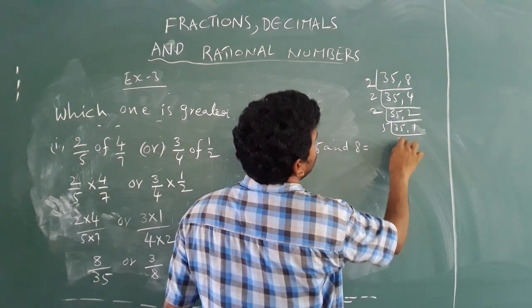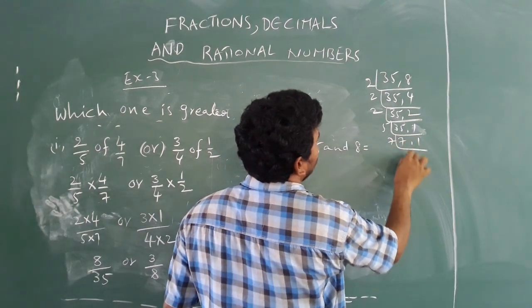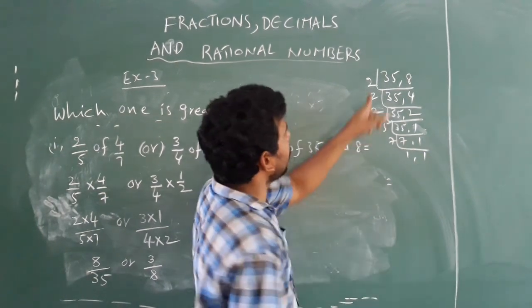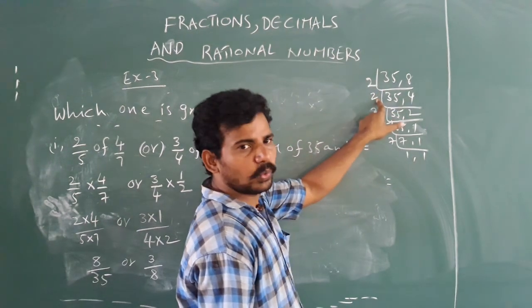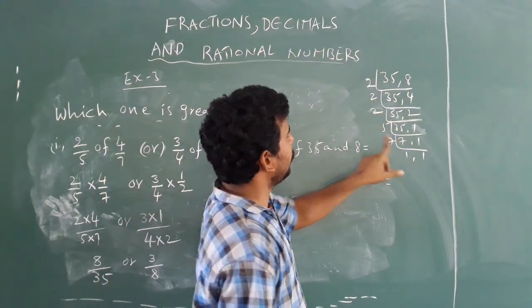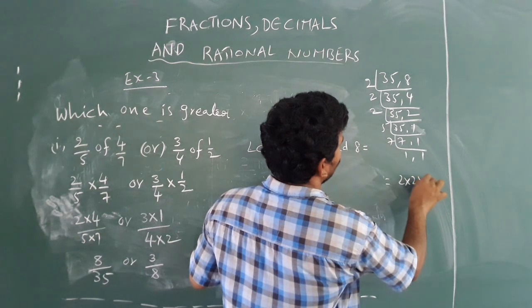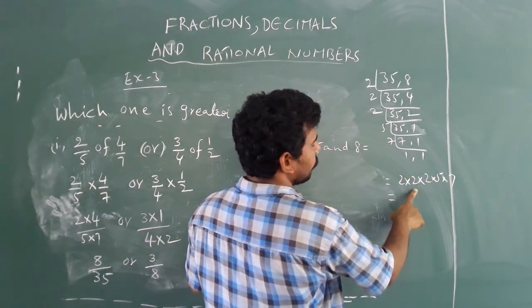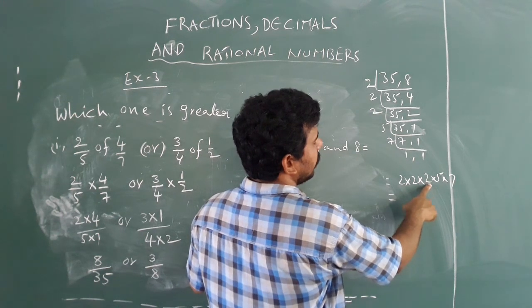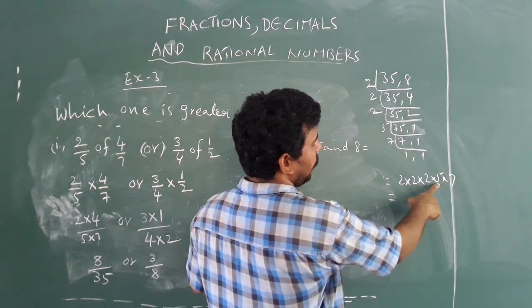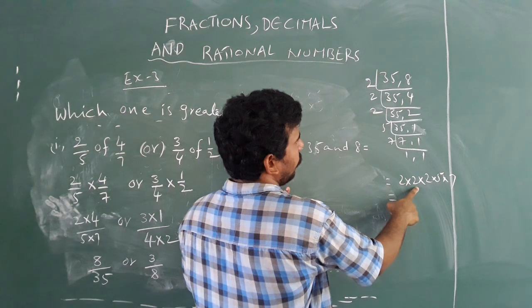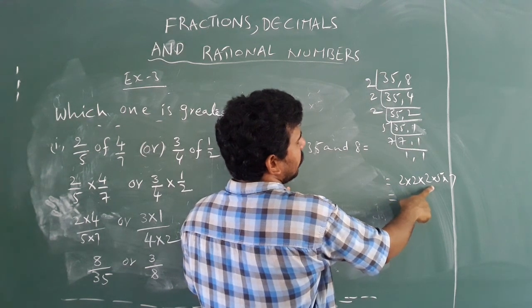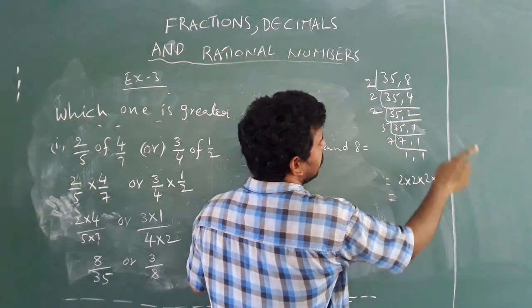Take 5 table 7 times 1. Take 7 table 1 1. So take this product 2 into 2 into 2 into 5 into 7. 2 2s are 4, 4 2s are 8, 8 5s are 40. How much, children? 40. 40 into 7 is how much, children?